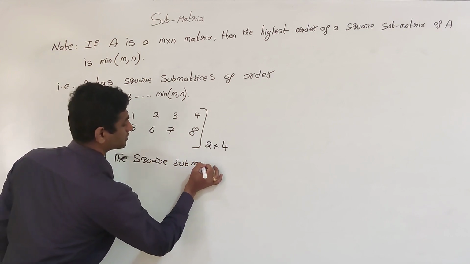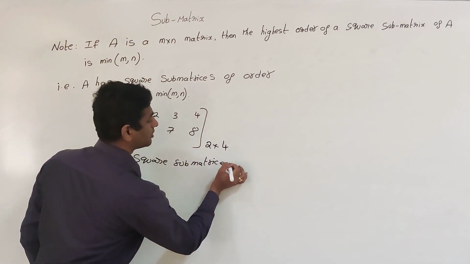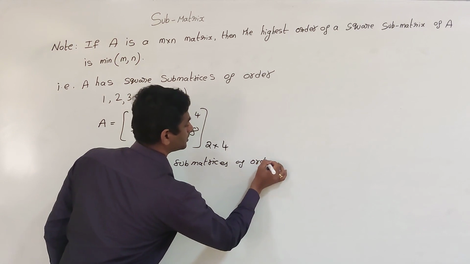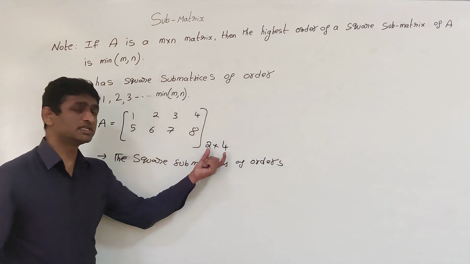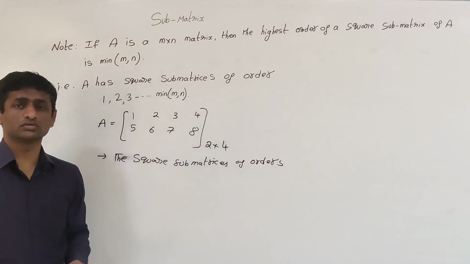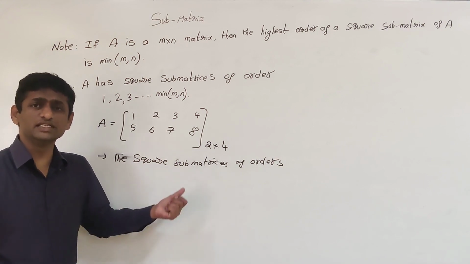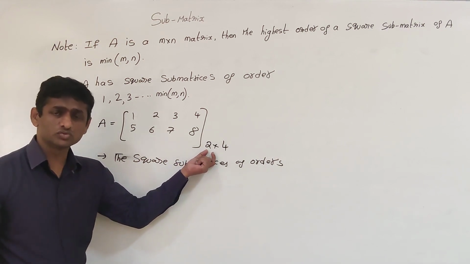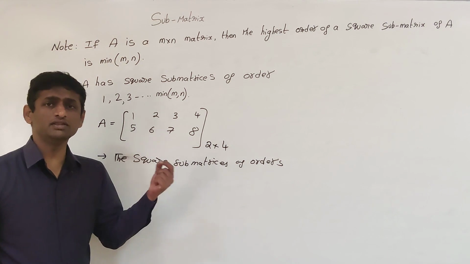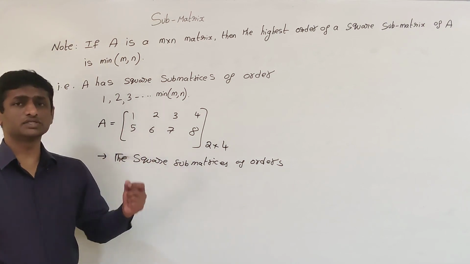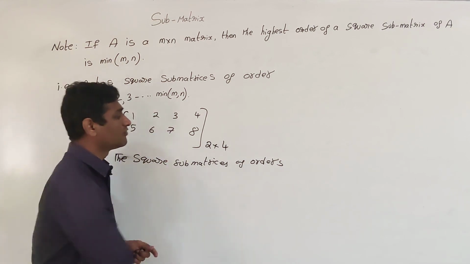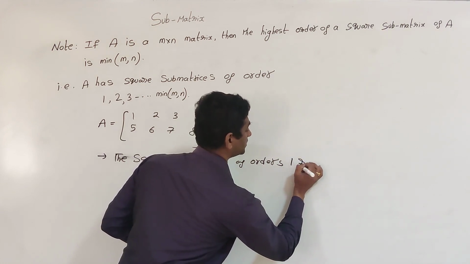What is the minimum value of 2 and 4? Which is the least one? Yes, it is 2. So we can find square submatrices of order 1 and 2.